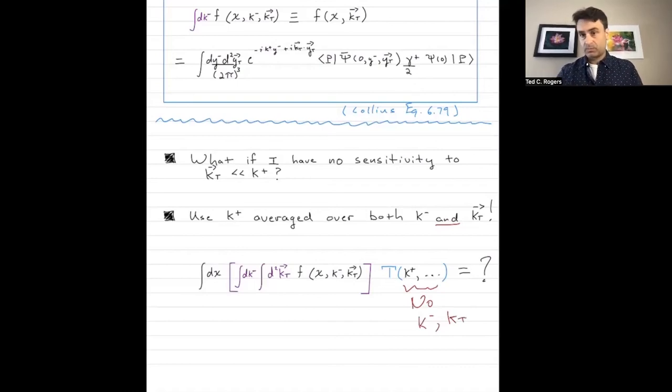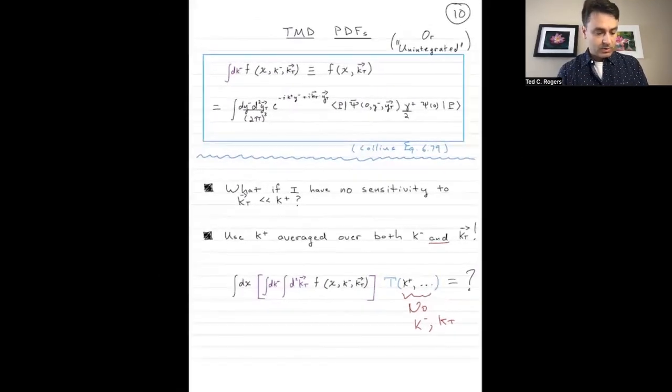And now when I use this k plus, I'm assuming that I've averaged out all of the minus and transverse momenta. Okay, and so if I don't have a k perp here, then I have both the minus and the transverse components inside of this bracketed region, and neither of them are touching that t, that capital T.